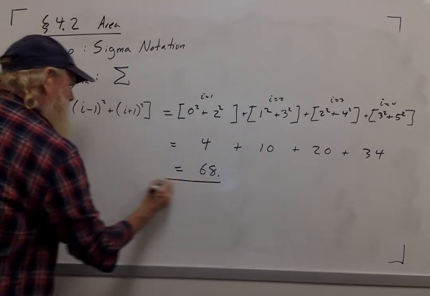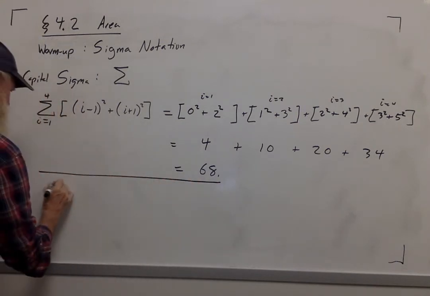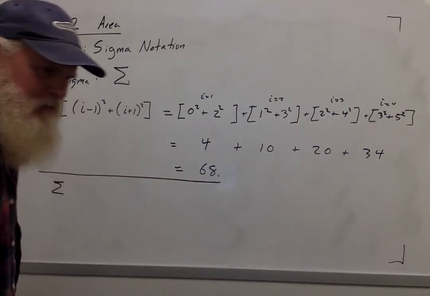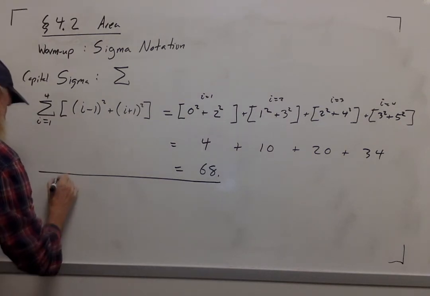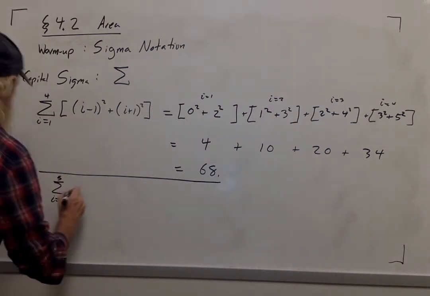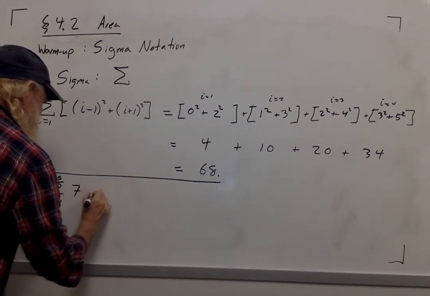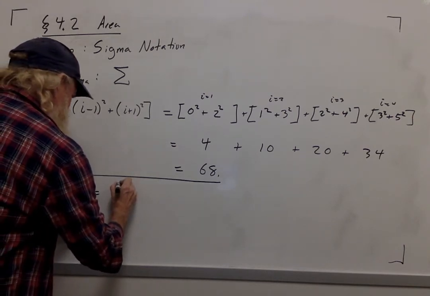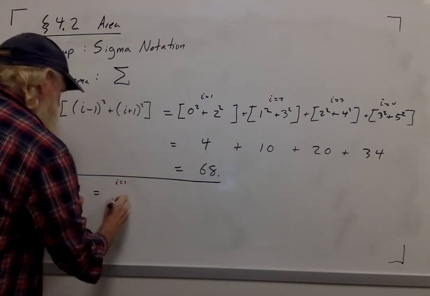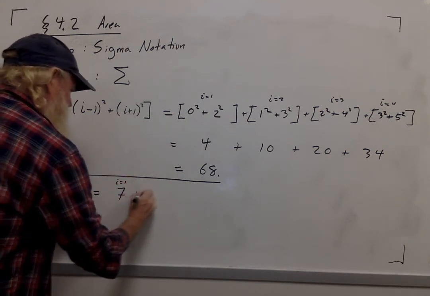So finally, let's do one more example. This one's going to look a little bit funny, but I want to make sure you know how to interpret it. Let's take the sum i equals 1 to 5 of 7. Well, what makes this look weird is that we don't see any i's in this formula. But still, when i equals 1, I get a 7.